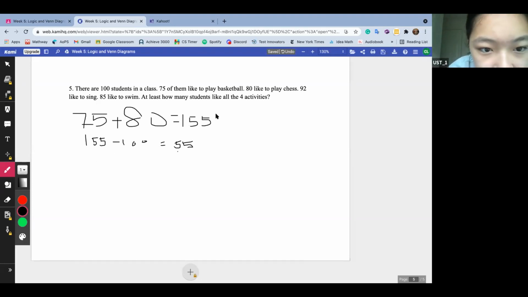And then here we do the same thing with singing and swimming. So 92 plus 85 equals 177, I believe. And subtract 100 and you'll get 77.